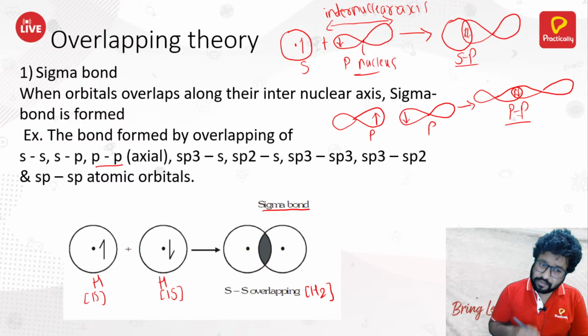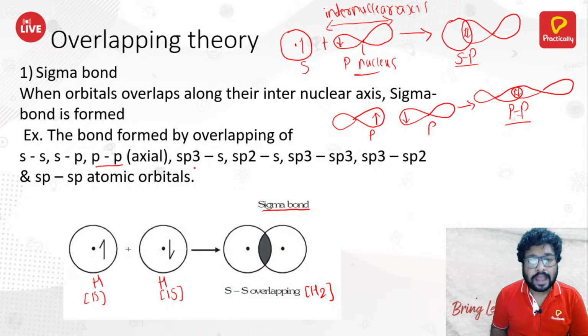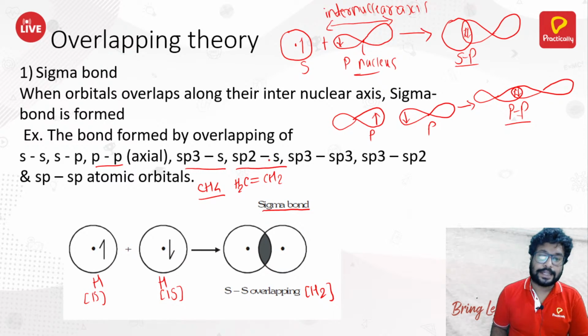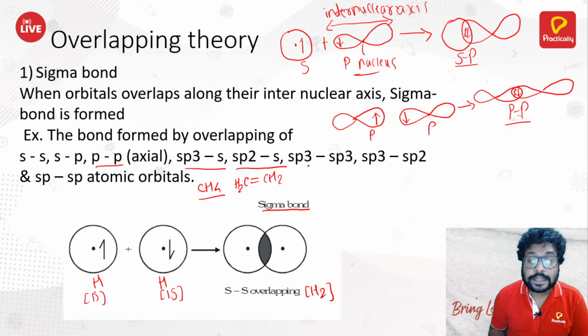Okay. Apart from that, you also have sp3s. sp3s means CH4. In CH4 you have sp3s overlap. sp2s. In ethylene, CH2, the carbon hydrogen overlap here is sp2s. Then sp3, the CH3.